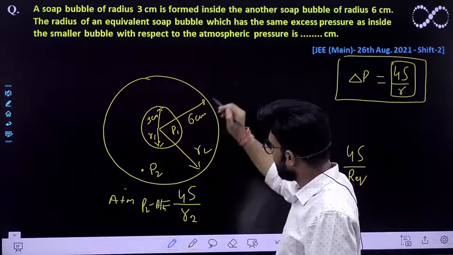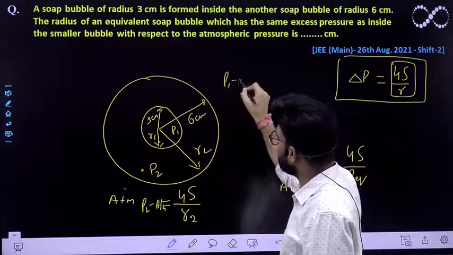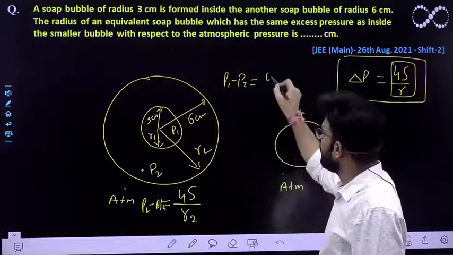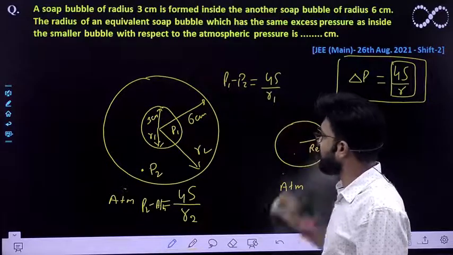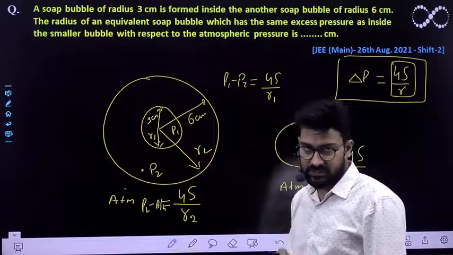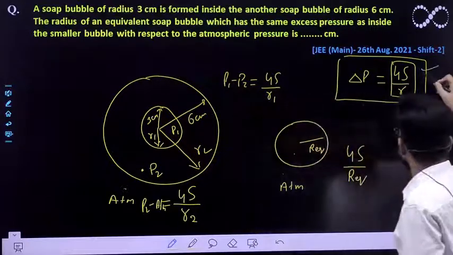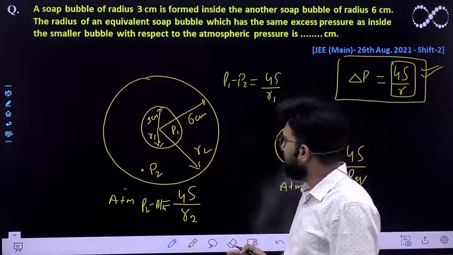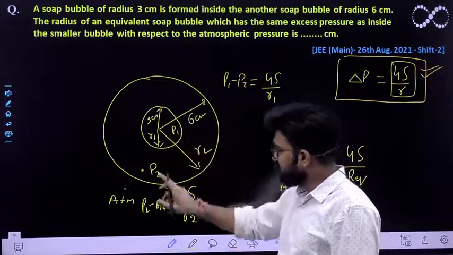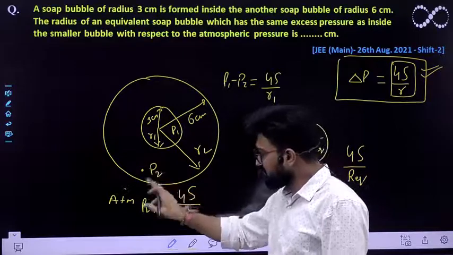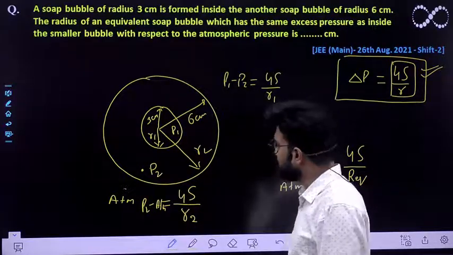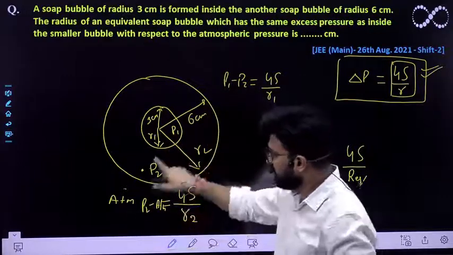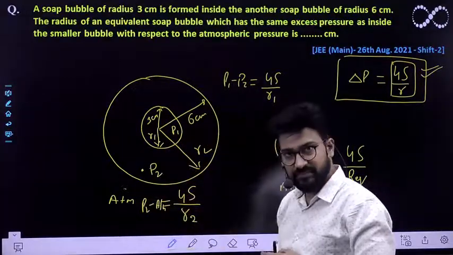It must be equal to P1 minus P2, and it is also equivalent to 4S by R1, the smaller radius. We can easily apply the expression in both the soap bubbles. So P1 is greater than P2, and P2 is greater than atmospheric pressure, the outside pressure. So the excess pressure with respect to atmosphere must be equal to P1 minus ATM.